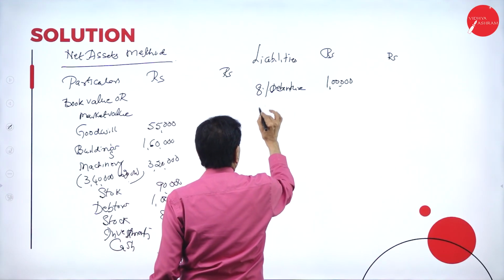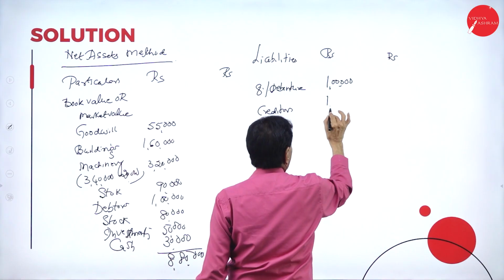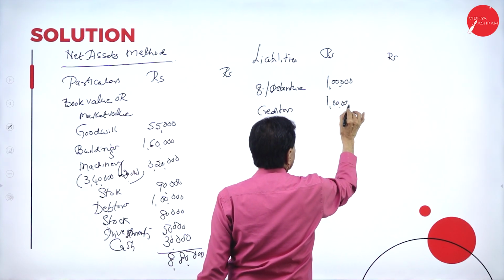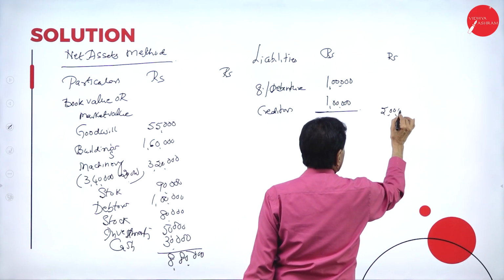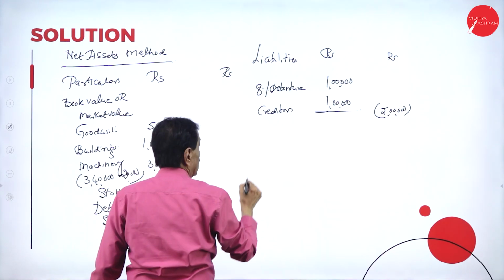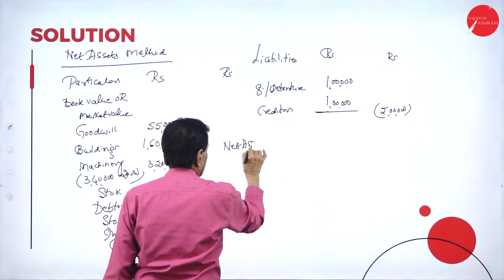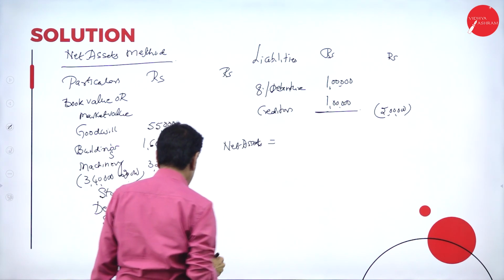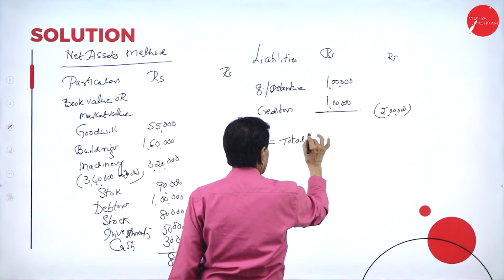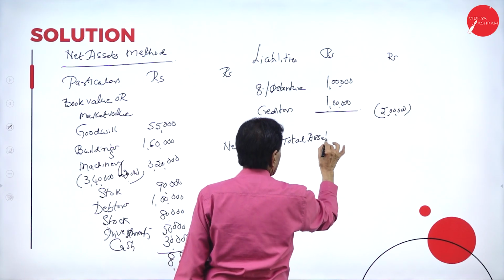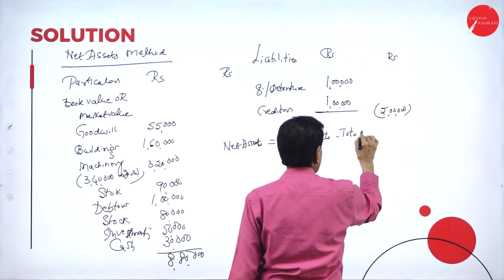Creditors, 1 lakh. It becomes 2 lakh. Net assets is equal to total assets minus total liabilities.